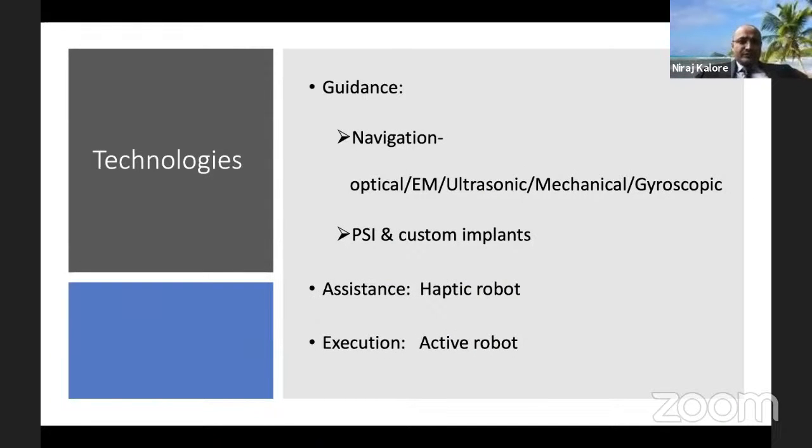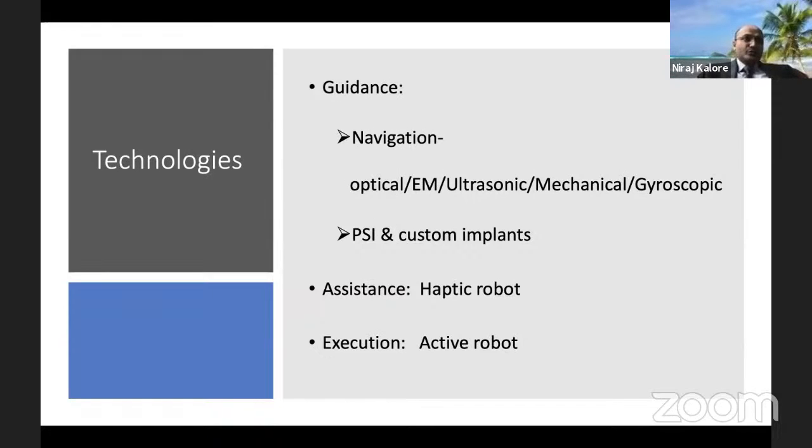For the sake of understanding the technologies that provide guidance, these are either navigation based, or they have custom cutting guides that have been made. So you can use that to translate your preoperative plan into your actual surgical variables.